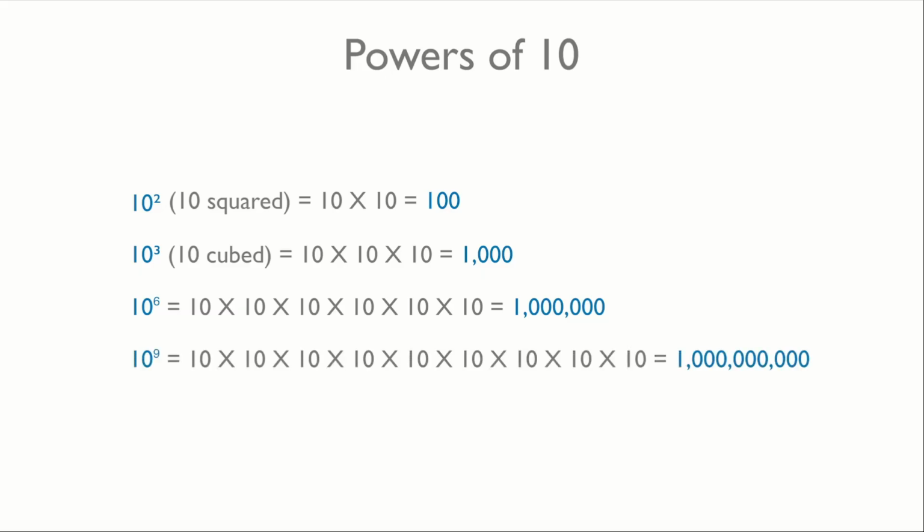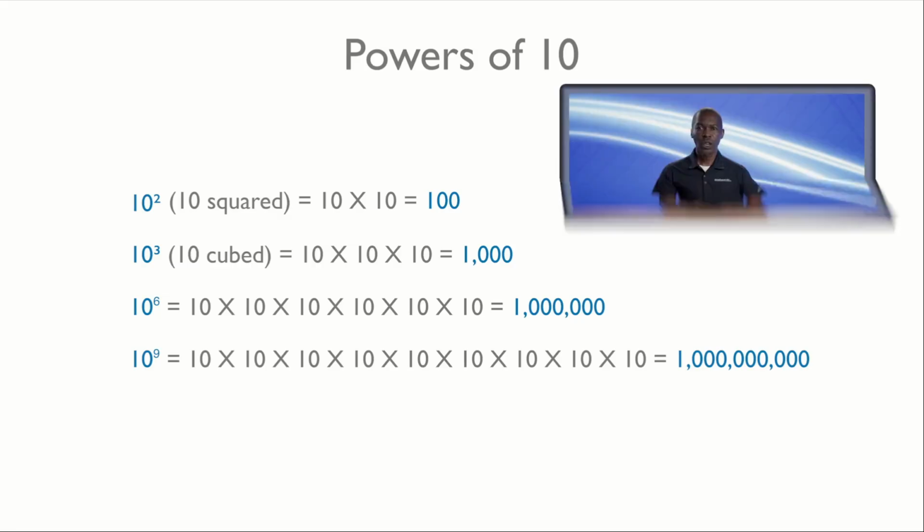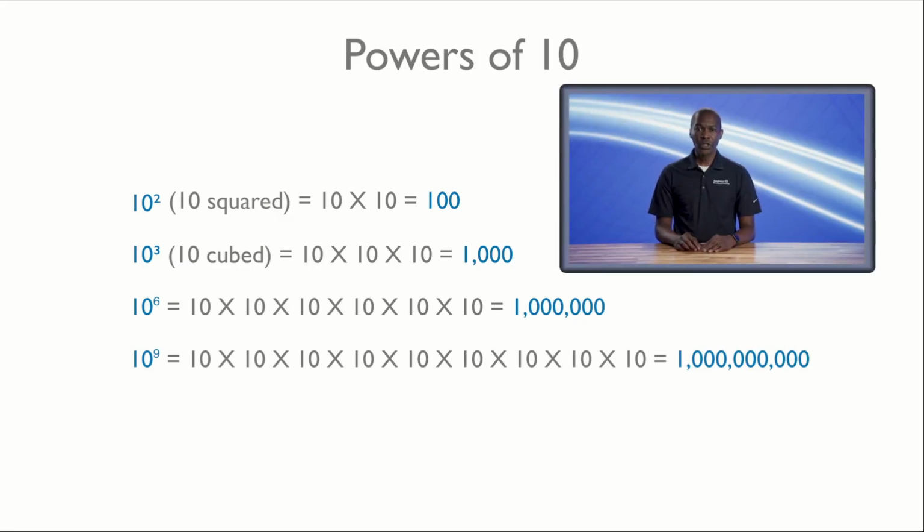And finally, 10 to the ninth power is 10 times itself 9 times and is equal to 1 billion with 9 zeros to the right. So instead of writing out 1 with 9 zeros, we can simply write 10 to the ninth power.